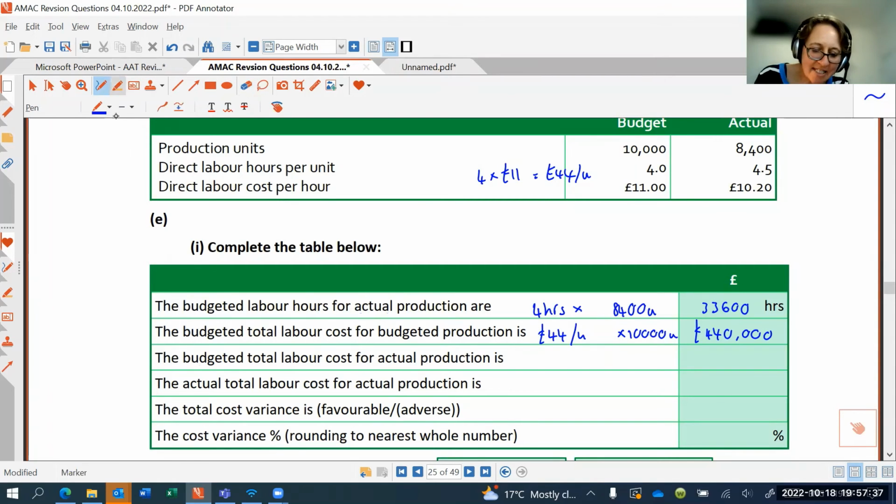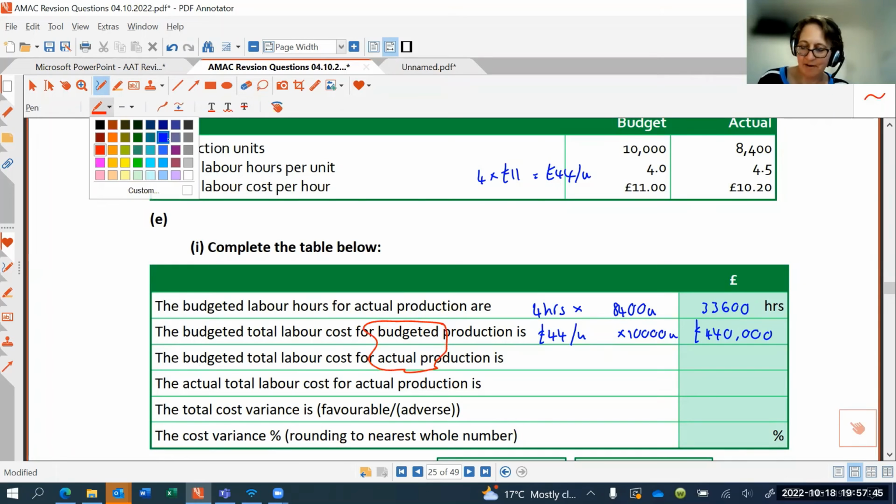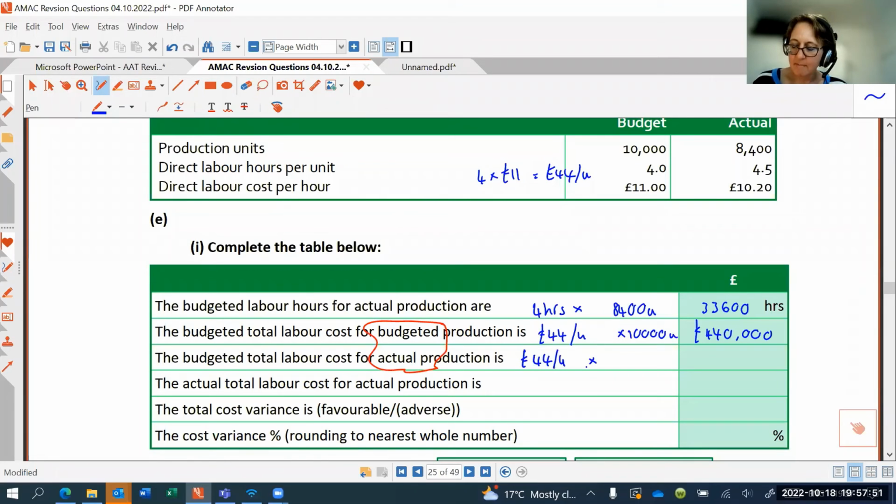Can you see the difference? It is mostly the same. It's just it was for budgeted production before, now it's for actual production. So the budgeted cost is still £44 for each unit. But instead of basing it on the 10,000 units budget, I'm going to base it on the 8,400 actual.